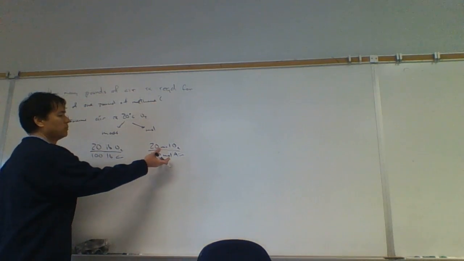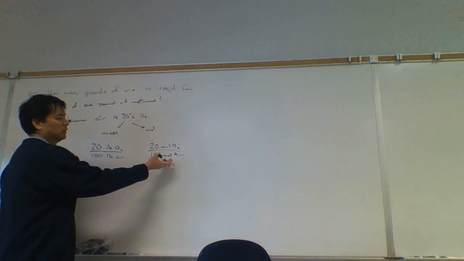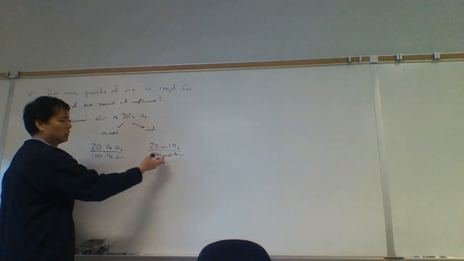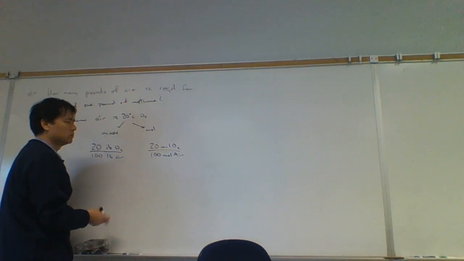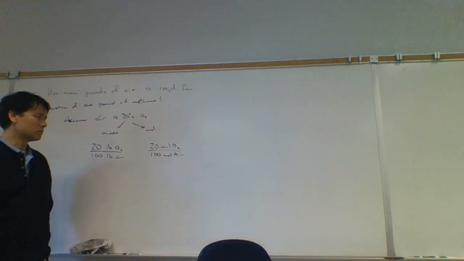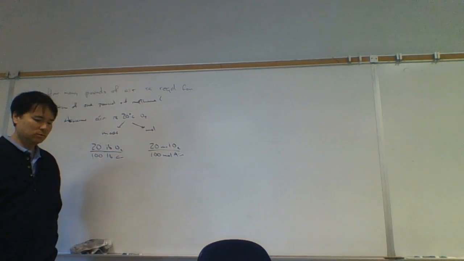We're talking in terms of molecules. So if I had, let's say, 100 trillion air molecules, 20 trillion of those would be O2. Or if I had 100 air molecules, 20 of those molecules would be O2. That's what a mole percent is. Except we're looking at Avogadro's number, so 100 moles of air for 20 moles of O2.